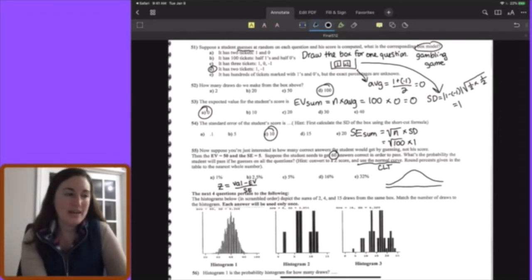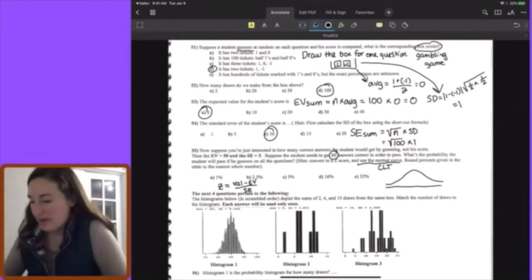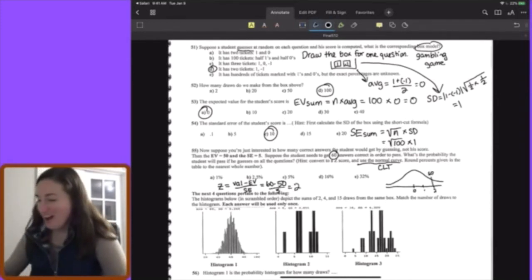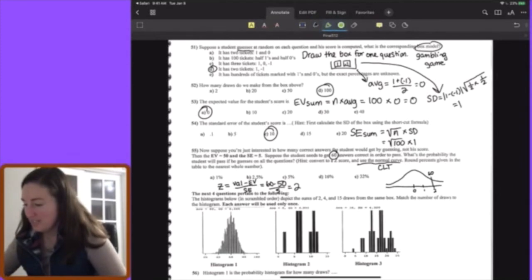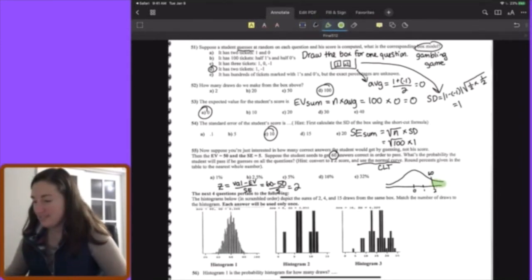And then I'm going to go ahead and figure this out. So I have 60 minus 50 divided by 5. So 10 over 5, which is 2, is the probability of getting more than 60 correct. So I'm going to go ahead and shade that.